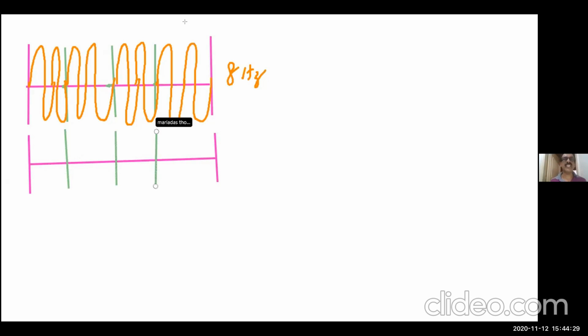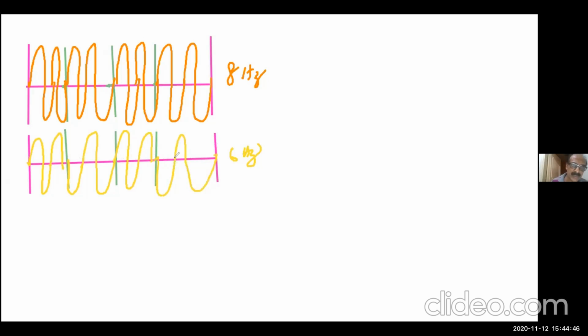But here only 6 hertz I have to accommodate. Then 1.5 will fit into each segment. Next to 1.5, again next to 1.5, again next to 1.5. See? This is a little bigger wave. Total 6 hertz. Now you see at the initial point, crest and crest are adding.